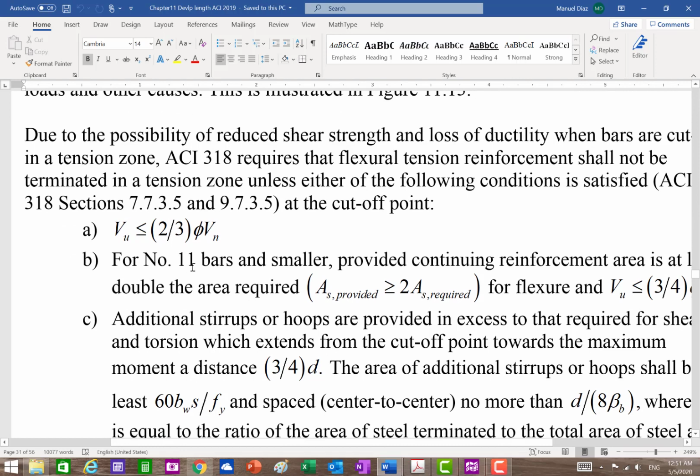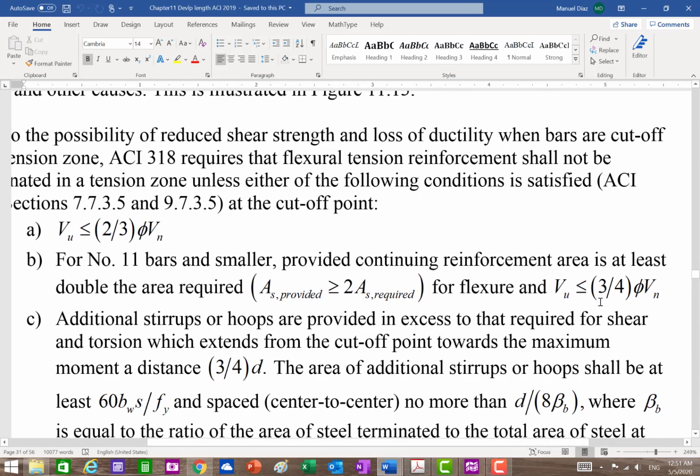For number 11 bars and smaller, the continuity of reinforcement requires that an area of at least double the area required is provided. It has to be 2 times the required value for flexure, and Vu less than or equal to 3/4 of phi Vn.